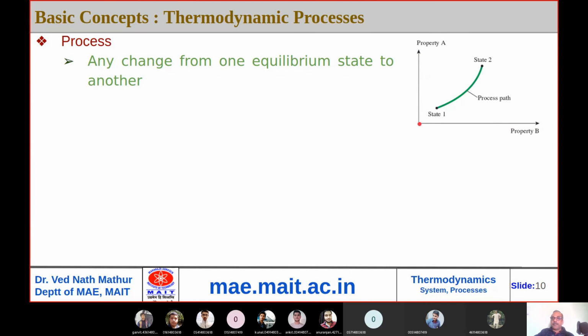So this x-axis is some property of the system that can be pressure, volume, temperature, entropy, enthalpy, and y is a different property. And then one point on this property diagram represents a state of the system. Second point represents another state of the system. And when the system travels through these two states, it changes from one equilibrium state to another state. We call it a process.